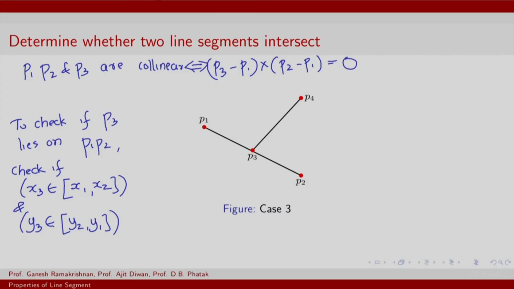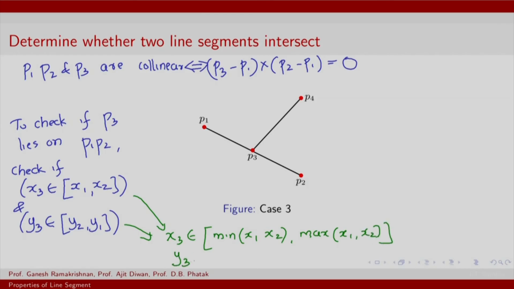In general, what you require is that x3 lies in the closed interval min of x1 x2, max of x1 x2, and y3 should also lie in this closed interval min of y1 y2, max of y1 y2.